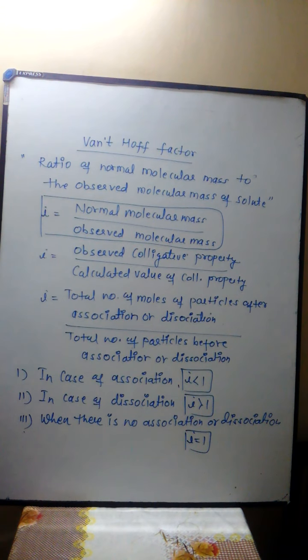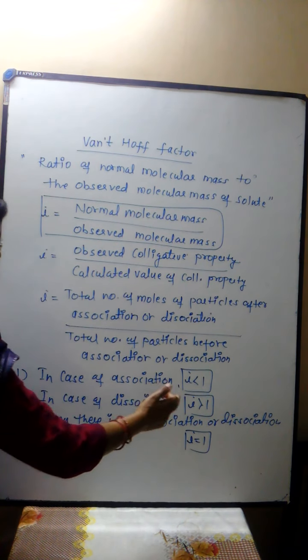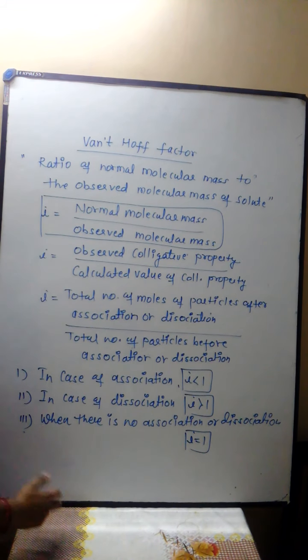So the Van 't Hoff factor expresses the association or dissociation of the solute particle in solution. In case of association, solute particles get associated with each other, so molecular mass increases and colligative property decreases; in that condition i is less than 1. In case of dissociation, the Van 't Hoff factor is more than 1. In case there is no association or dissociation, the value of the Van 't Hoff factor becomes 1.